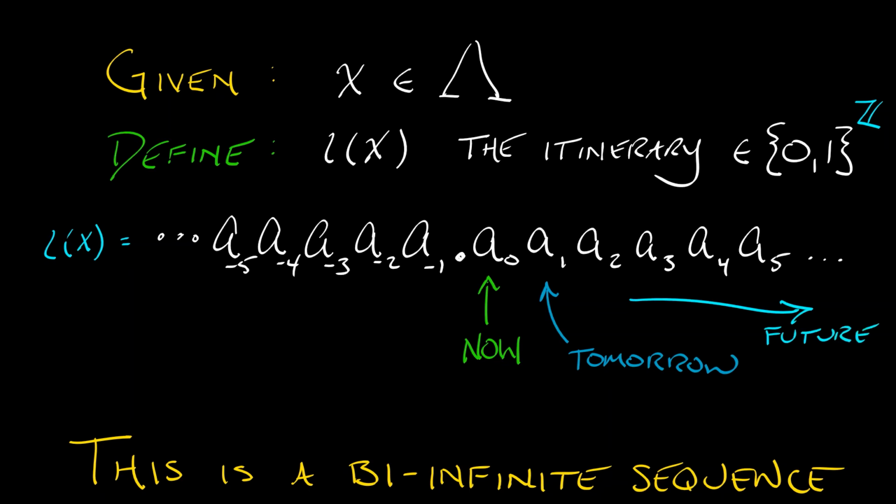The future is encoded off to the right. But to the left, the digit a-1, that tells you where you were yesterday. Or, if you like, what happens when you apply the inverse of the map. Keep going further and further into the past. That's how we're going to use symbol sequences to encode the dynamics of a point in the invariant set.